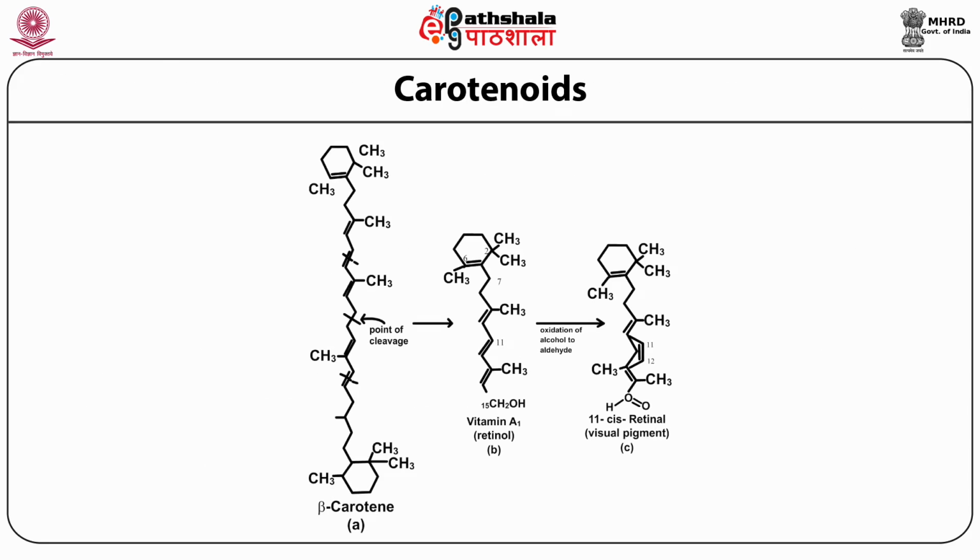Beta carotene, after oxidation of the central double bond, cleaves symmetrically as shown here and forms two molecules of vitamin A, retinol, which after oxidation of the alcoholic group forms 11-cis retinal. 11-cis retinal, as we discussed elsewhere, is the visual pigment involved in animal vision.